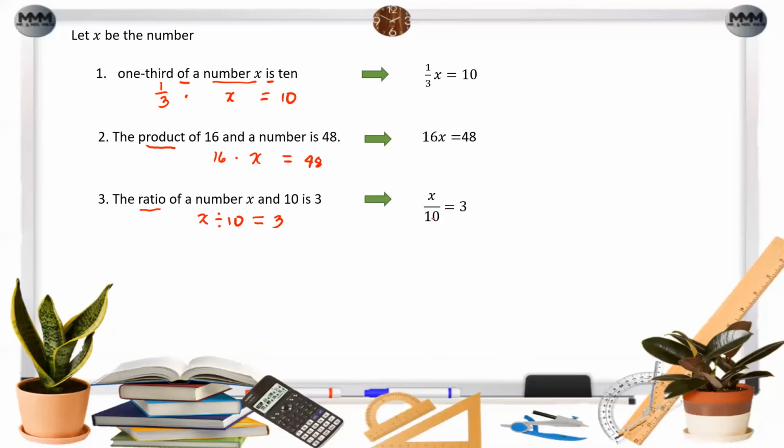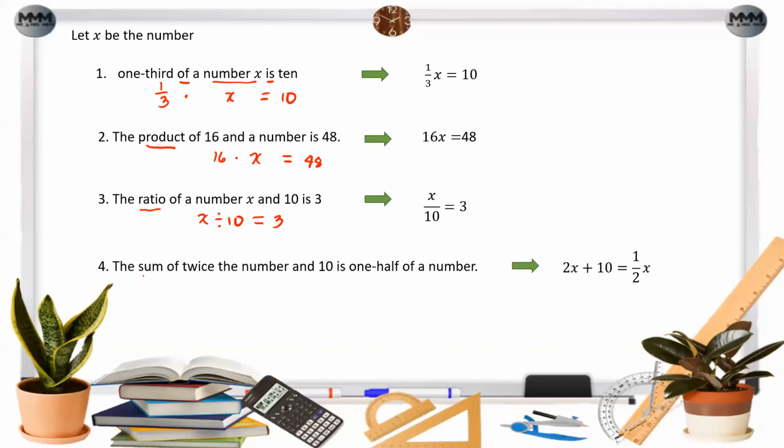Number 4, the sum of twice the number and 10 is 1/2 of a number. The answer is 2x plus 10 is equal to 1/2 times x.